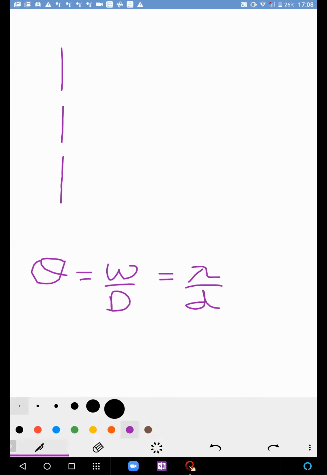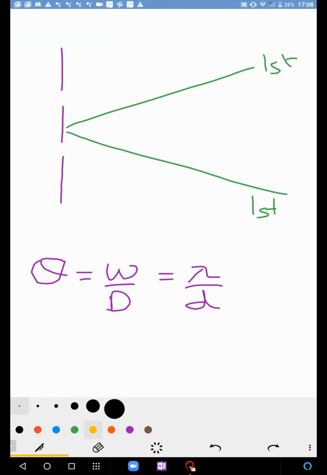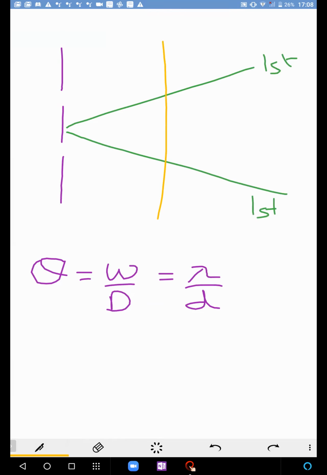So your angular fringe width, which is w by capital D, is lambda by small d. The angles at which the first maxima will form are actually fixed. When you bring the screen close, with the zeroth maxima, the central maxima, here, the fringes will appear smaller.